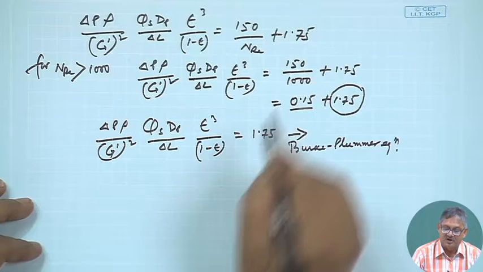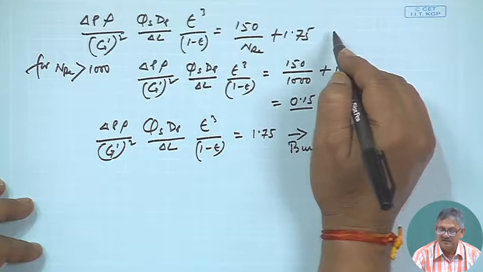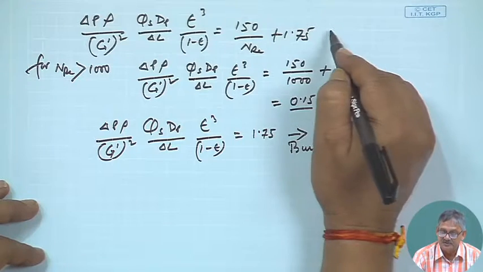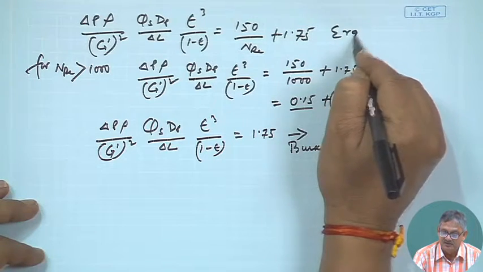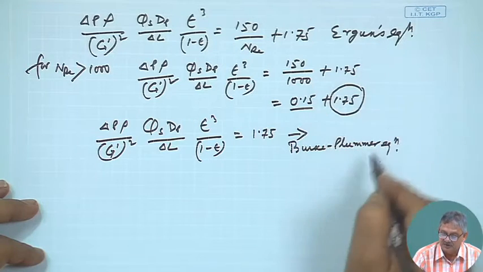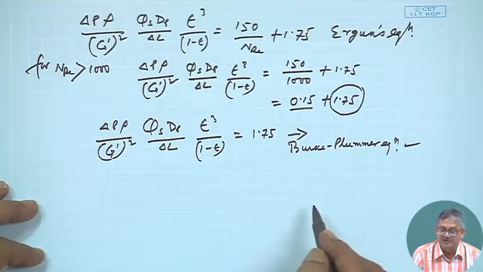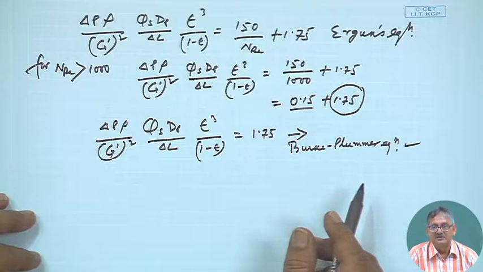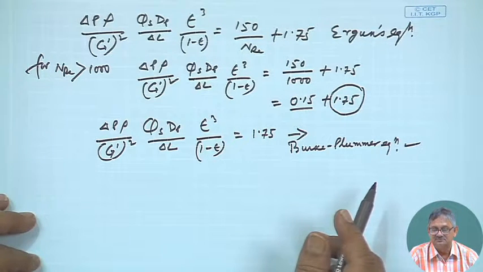So, from Ergun's equation, we can come down to the Burke-Plummer equation, or we can go back to the Blake-Kozeny equation, right.